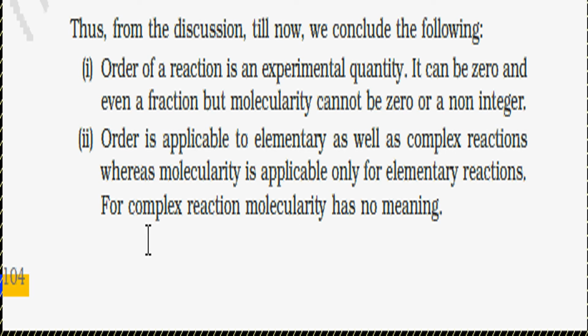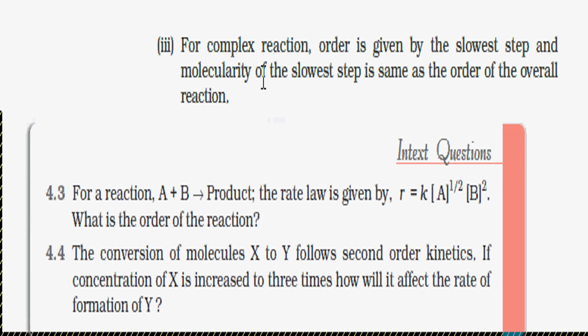For complex reactions, molecularity has no meaning. For complex reactions, order is given by the slowest step, and the molecularity of the slowest step is the same as the order of the overall reaction.